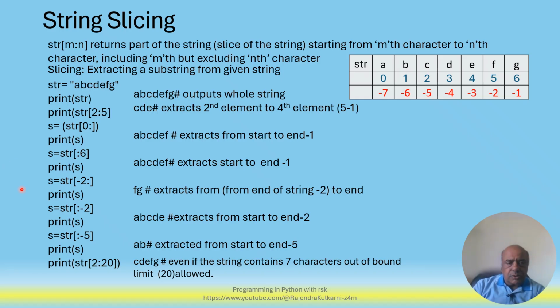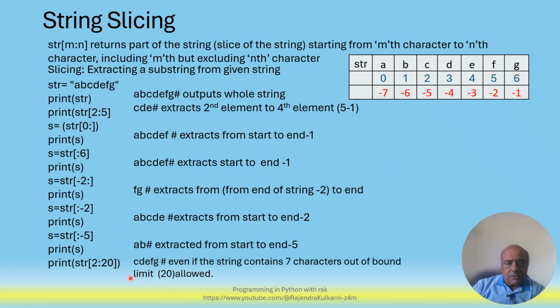Now we can also give any arbitrary number here, which can be more than the number of characters in the string, and that is allowed. The bound of the string is 7 total number of characters.